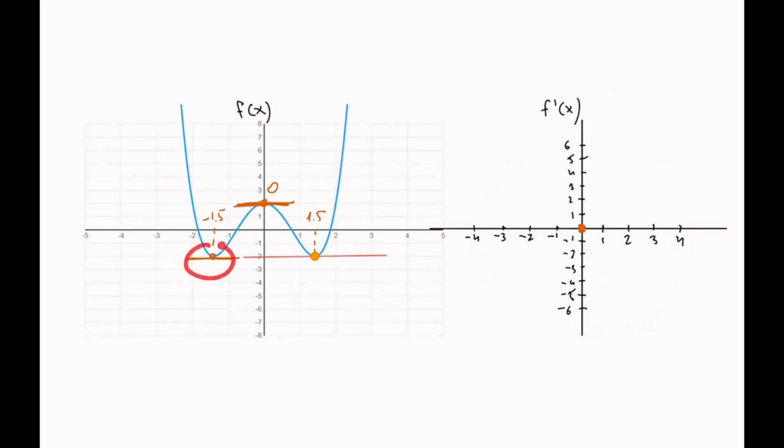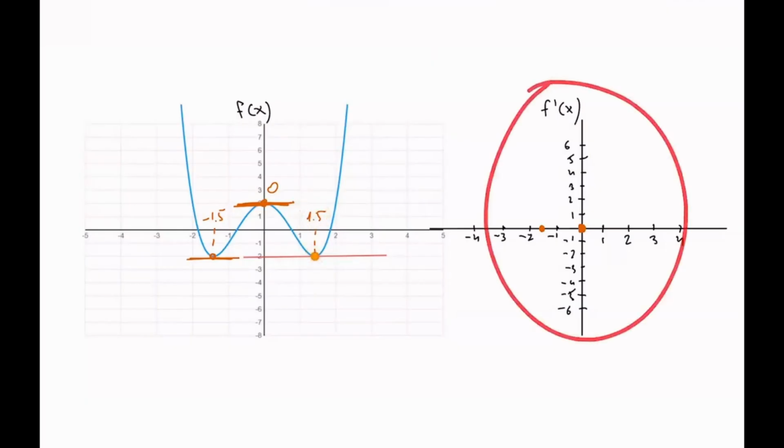Now another point where the slope is equal to 0 is at x equals negative 1.5. So we will put a dot at negative 1.5, 0. Another point is right here. When x is equal to positive 1.5, the slope of the line is also 0.